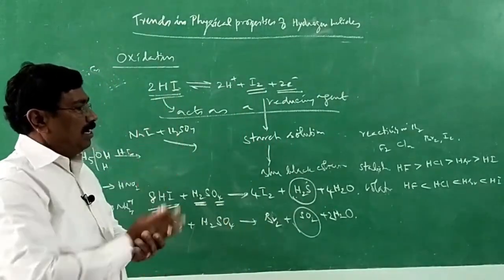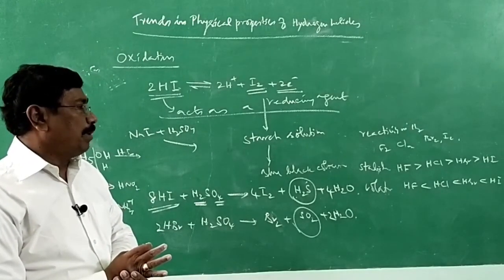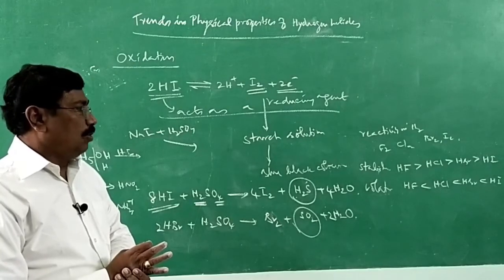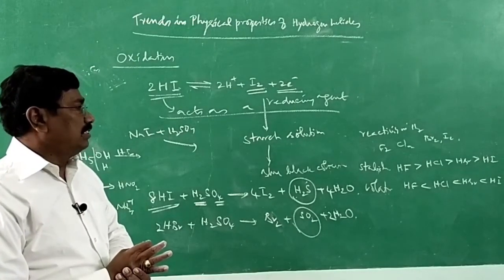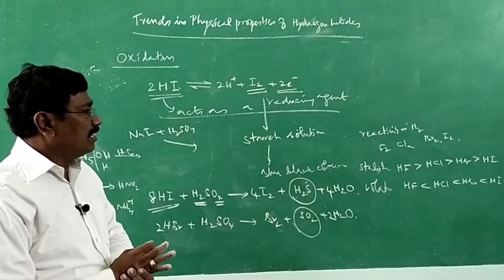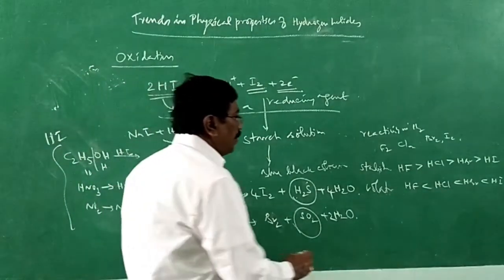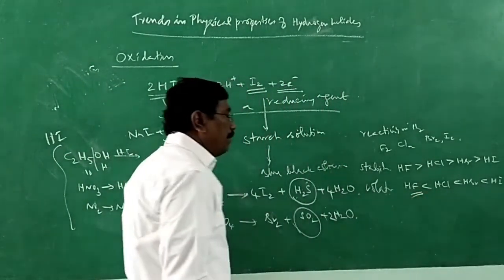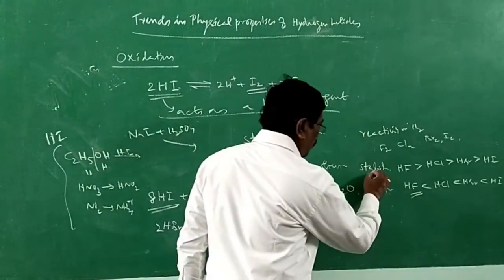And HI will get vaporized very easily. Boiling point may be higher for HF and lower for HI. Therefore, HI becomes vapor easily. And HF cannot be volatile easily.